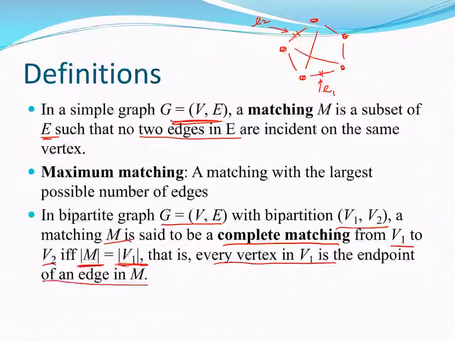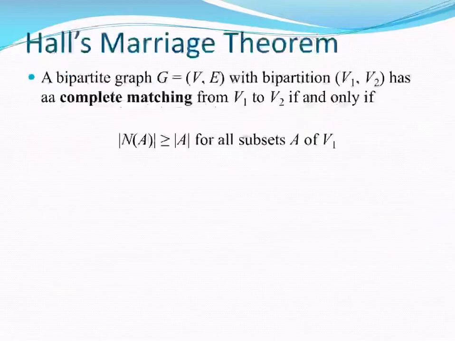And we have a theorem that governs whether or not there is a complete matching from V1 to V2 in a bipartite graph. It's known as Hall's marriage theorem. It states that a bipartite graph with bipartition V1 and V2 has a complete matching from V1 to V2 if and only if the cardinality of the neighborhood of A is greater than or equal to the cardinality of A for every subset A of V1.